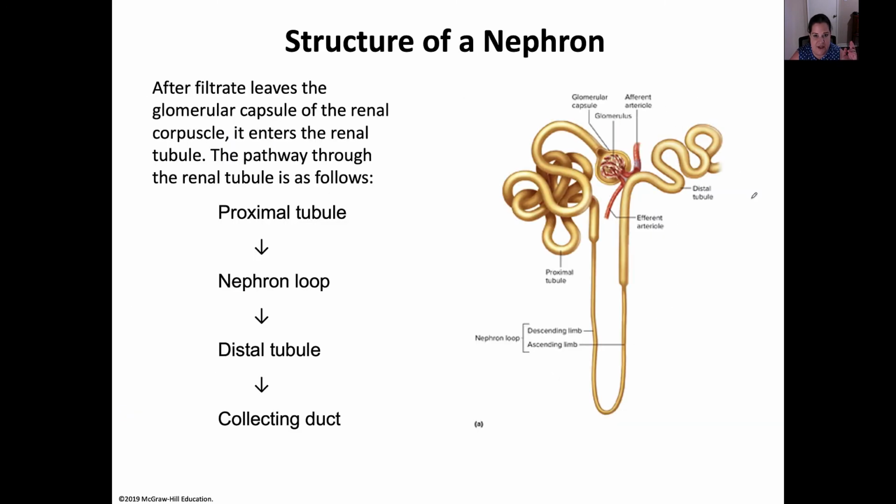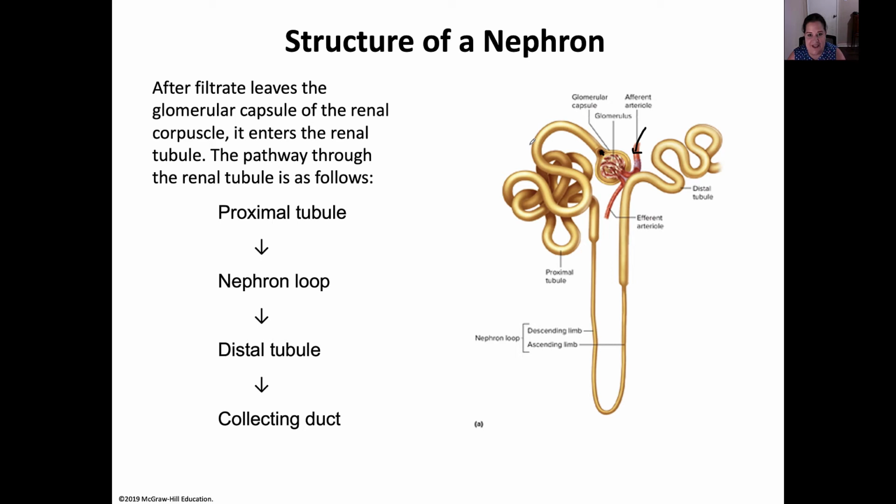Let's take a look at a picture of it, better than mine. Here we have the afferent blood coming from the renal artery, which forms this mesh of capillaries called the glomerulus, and blood comes out through the efferent arteriole. Afferent going in, efferent coming out. There's Bowman's capsule, which collects all that filtrate, and the filtrate goes into this tube.